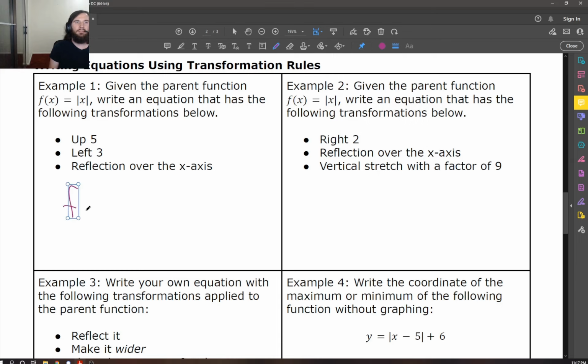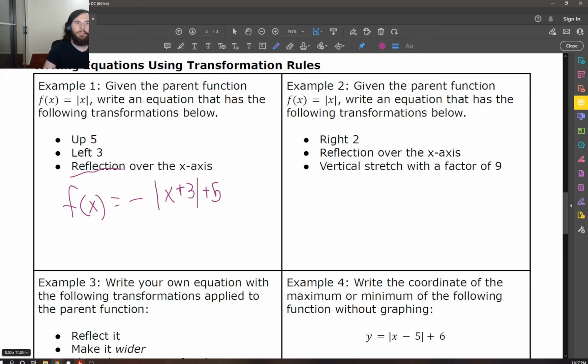So we'll do f of x is equal to, we're not multiplying anything, but we are reflecting. So reflection means negative. Absolute value of x plus 3, right? Plus 3 because left 3. Absolute value up 5, so plus 5.